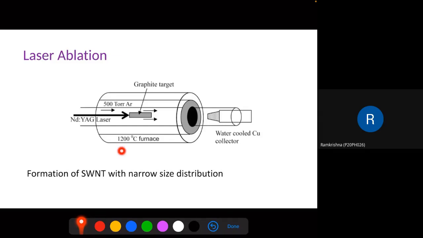But here you get mostly single wall carbon nanotubes. In other cases you might get single wall or multi wall, so you are not sure. But in this case you have a higher probability that you'll get single wall carbon nanotubes. So depending on what you want, you can choose your technique of synthesis.